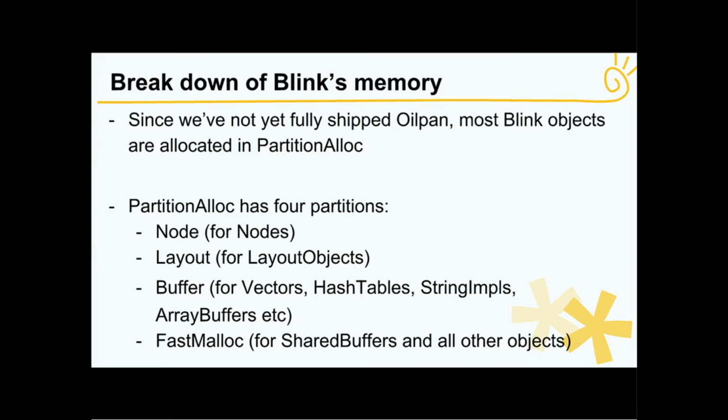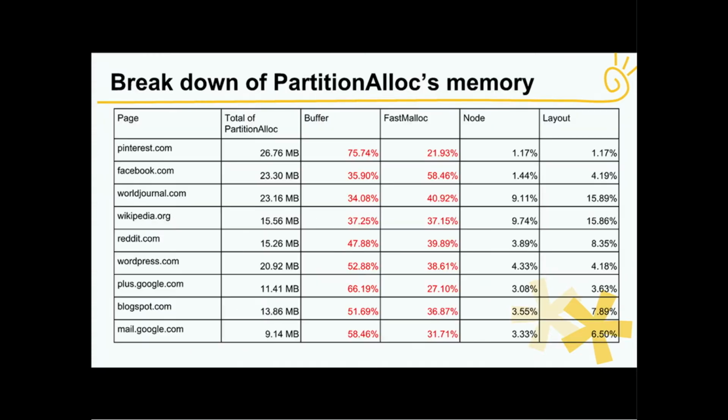The buffer partition contains vectors, hash tables, string impls, and array buffers. And the fast malloc partition contains shared buffers, which are the backing storage for resources, and all other normal DOM objects. So let's break down the PartitionAlloc memory into these partitions.